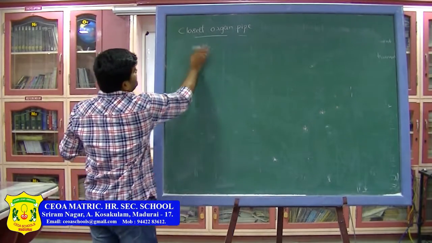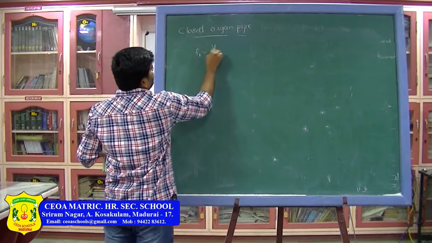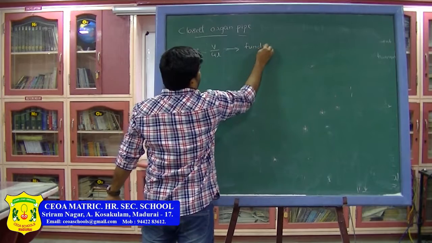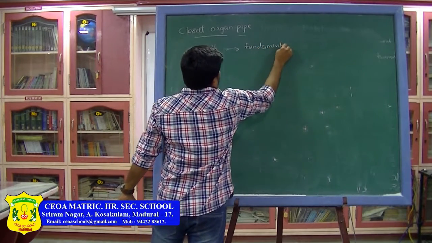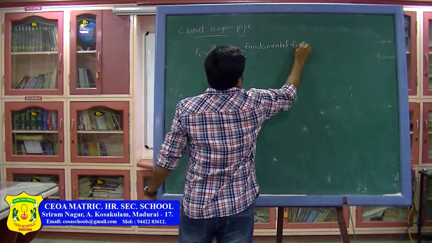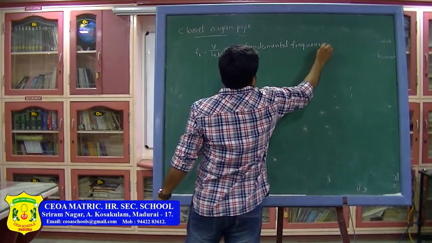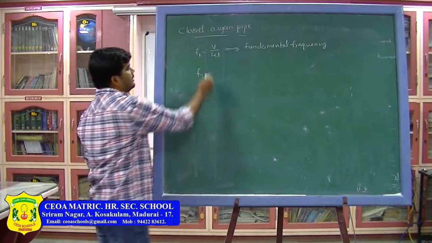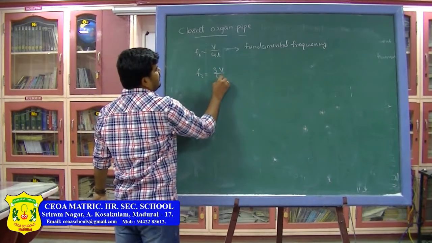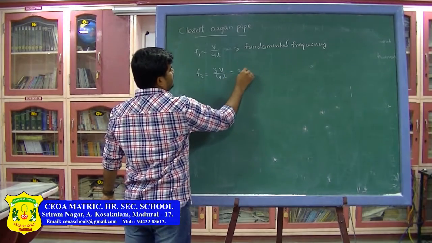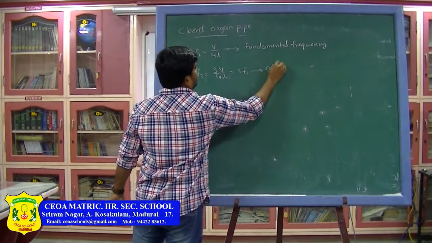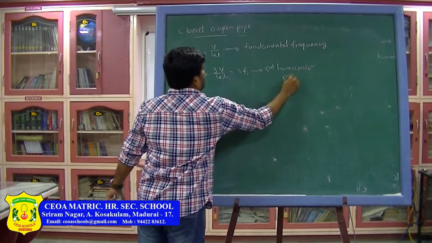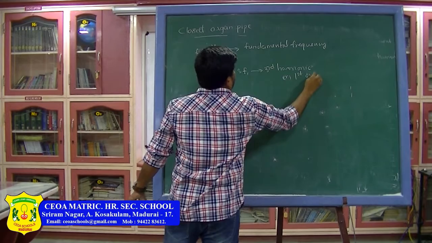So, the first frequency F1 is equal to V by 4L. This is called the fundamental frequency. And F3, that is 3V by 4L, that is equal to 3 F1, which is called the third harmonic or first overtone.